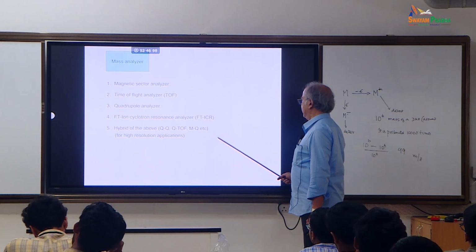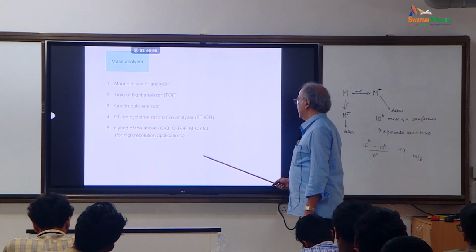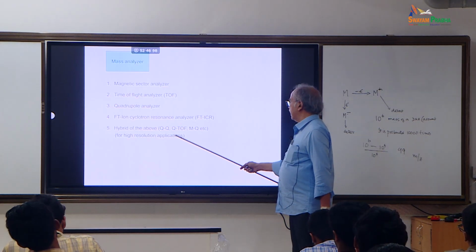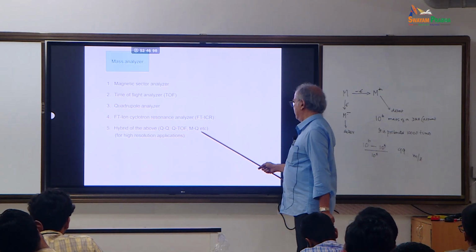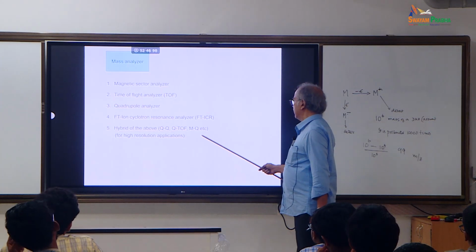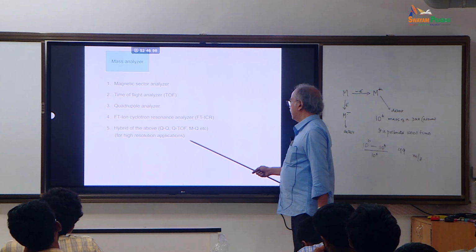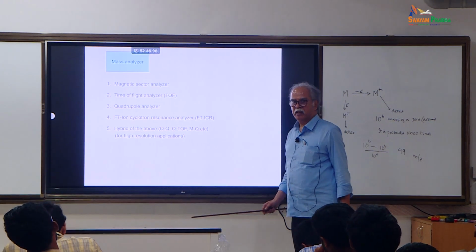Ion cyclotron resonance analyzer is a very sophisticated, research-based instrument. Then you have the hybrid quadrupole time-of-flight. These are used for high resolution mass spectrometry.